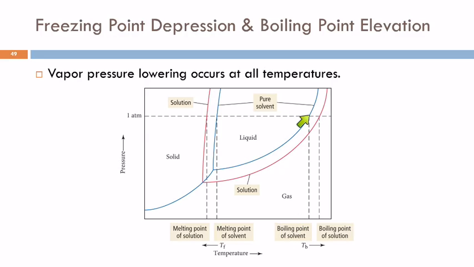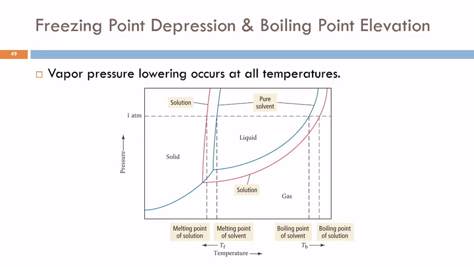Okay, so pure water boils at 100 degrees Celsius. So here's our vapor pressure curve, essentially. It gets lowered when you add a solute. So with the solution, the pressure is lower. Well, what does that do to the temperature where the pressure is equal to 1 atmosphere? It makes it a higher temperature. The boiling point elevates. And this would correspond to the freezing point, and the freezing point is lowered.